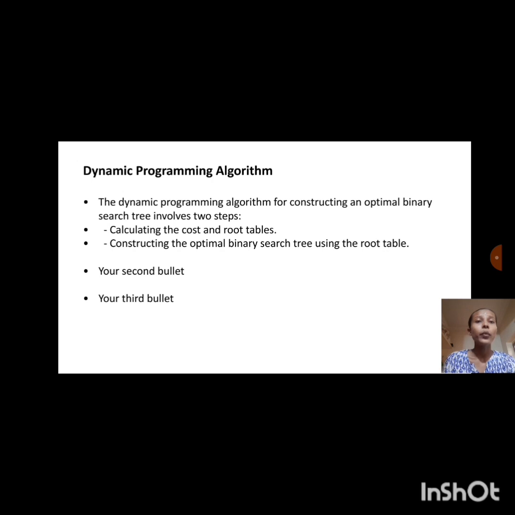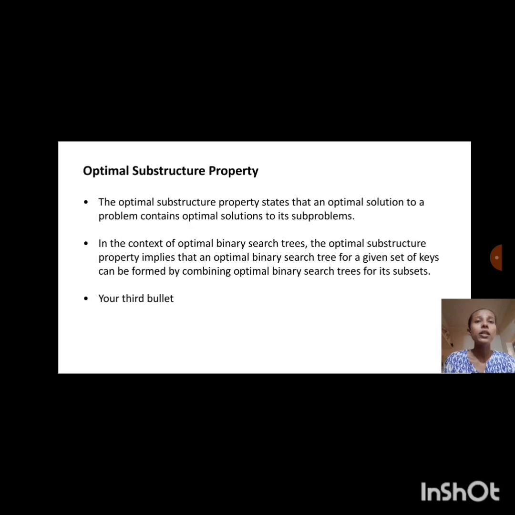Dynamic programming algorithm. The dynamic programming algorithm for constructing an optimal binary search tree involves two steps: calculating the cost and root tables, and constructing the optimal binary search tree using the root table. Optimal substructure property. The optimal substructure property states that an optimal solution to a problem contains optimal solutions to its subproblems.